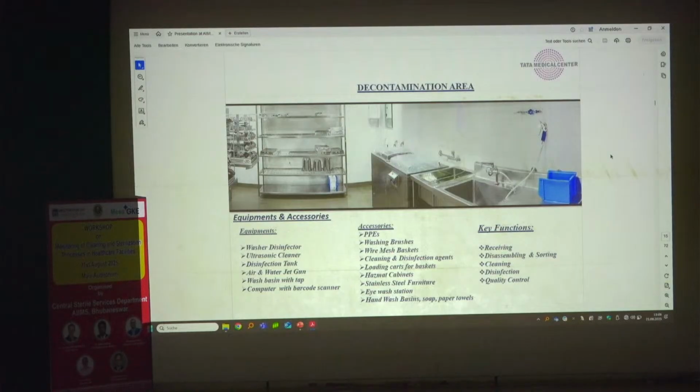The accessories are PPE, washing brushes, wire mesh baskets for keeping the instruments after use in the OT, cleaning and disinfection agents, loading carts and baskets, hazmat cabinet, stainless steel furniture, eye wash station, and the hand wash machine. The key functions are receiving the soiled instruments, disassembling and sorting, cleaning, disinfection, and quality control.